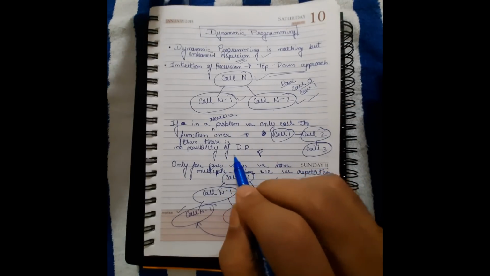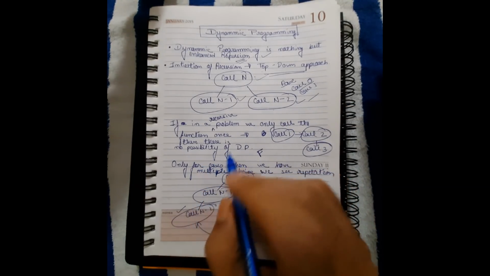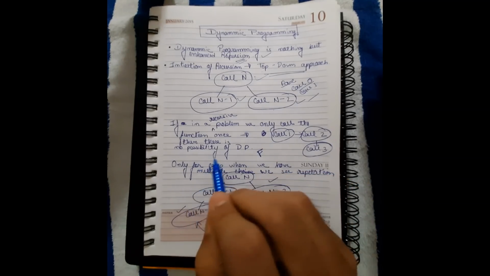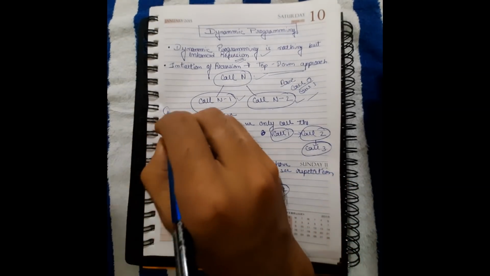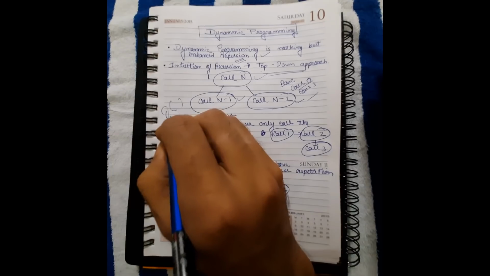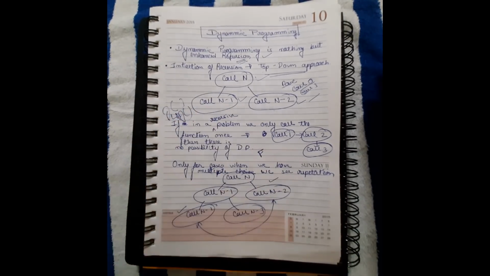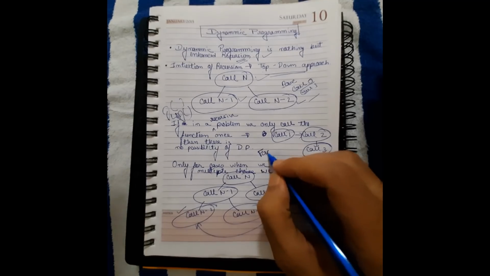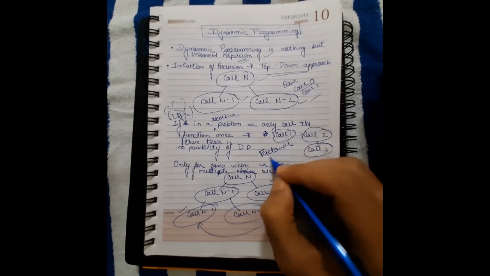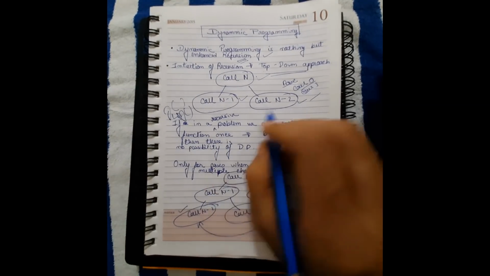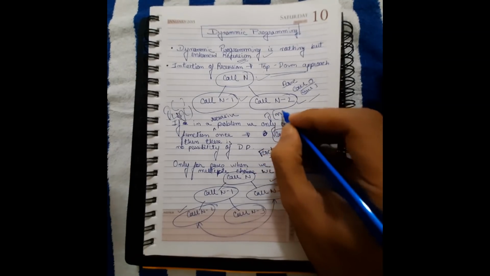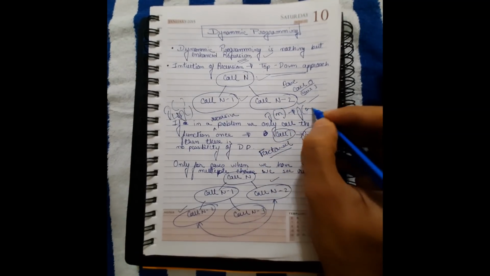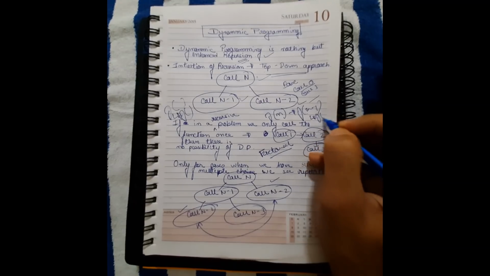Let's say in a recursive problem there is only one function that we call. Like, there is a function and within that function we call the same function only once. For example, there is the factorial problem. In that case, within fn we call fn-1, and then fn-2, like this.